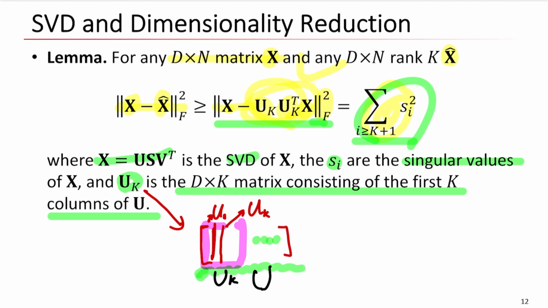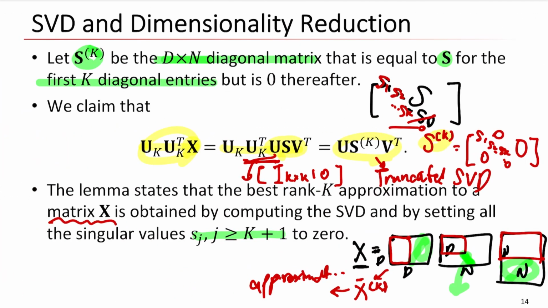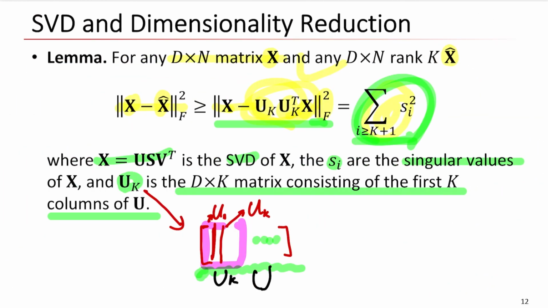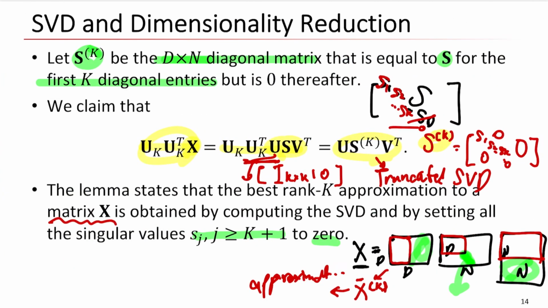By making this term 0, this one will be 0. So this is the lower bound of the distortion between X and the reconstructed value. Okay, so that's why the PCA algorithm has a small distortion error, right?